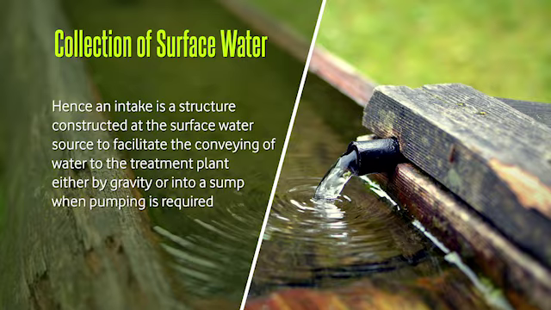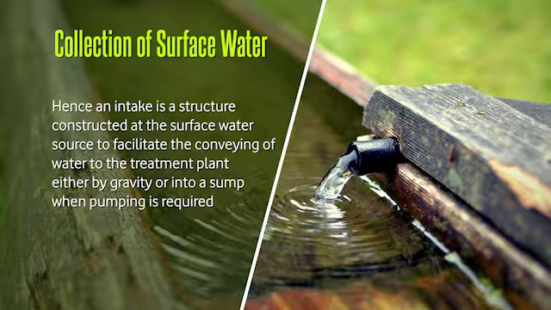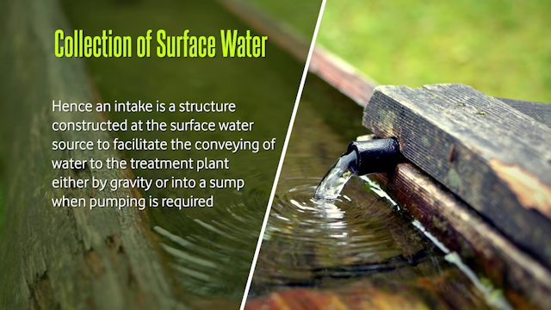Hence, an intake is a structure constructed at the surface water source to facilitate the conveying of the water to the treatment plants either by gravity or into a sump when pumping is required.